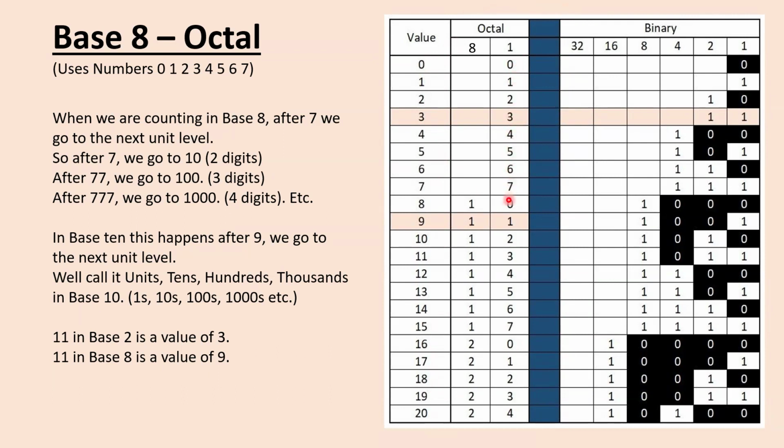But then after 7, we go to the next unit. So we have no 8, 9, we go to 10, or really 1, 0. Then 9 is 1, 1. 10 is 1, 2. 11 is 1, 3. And so on. We get to 17, we can't say 18, there's no 8. So now we go to 2, 0. And we would continue all the way to 77, and then we go to 1, 0, 0.